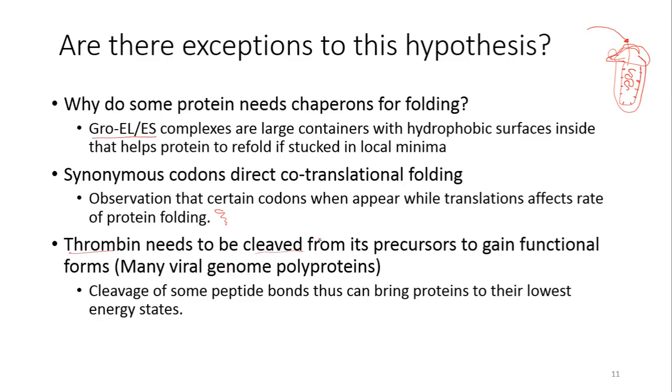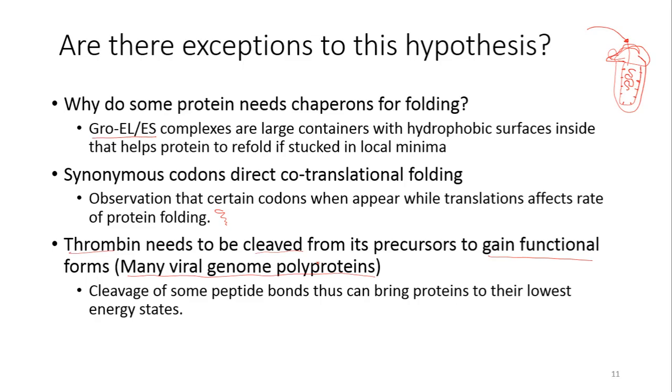Okay, and when certain peptide bonds from this precursor of thrombin are cleaved or cut off, it would gain the functional form. So that is the case with many viral genome polyproteins as well. These viral genome polyproteins are synthesized as a big protein, and then they are cleaved into smaller proteins which gain the functional form later on.